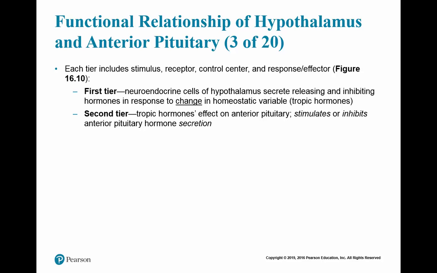So the first tier, the neuroendocrine cells of the hypothalamus secrete releasing and inhibiting hormones because there's some kind of change in homeostasis. Okay, so when they release it, they're going to release tropic hormones. The second tier, the tropic hormones will affect the anterior pituitary, and that anterior pituitary is either going to send a stimulating hormone or an inhibiting hormone out.